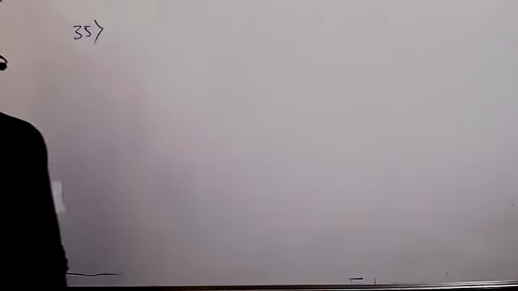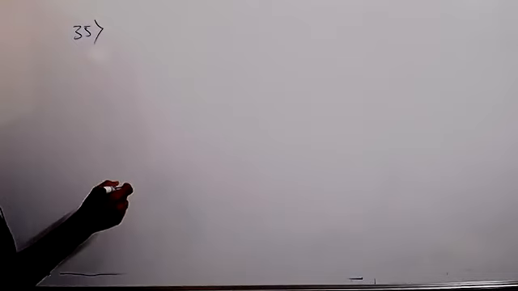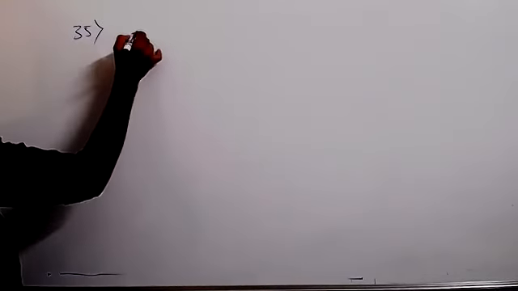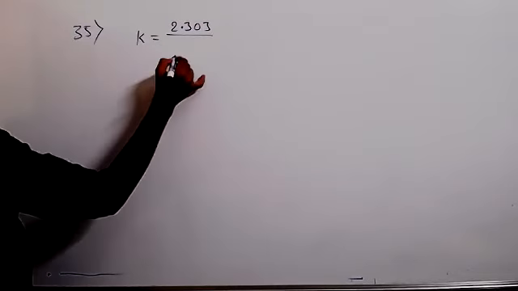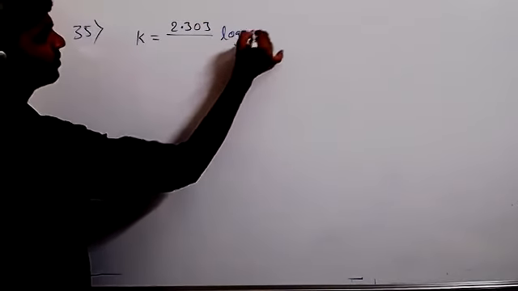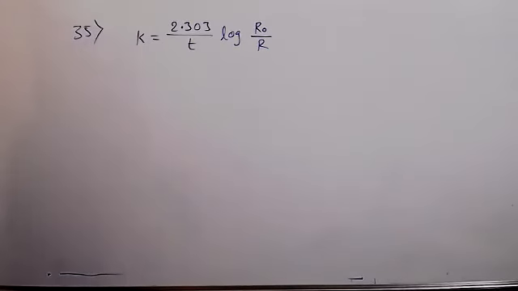K is equal to 2.303 into log R naught by R. Yes, here t is missing. K is equal to 2.303 by t log of R naught by R. That is first order kinetics.